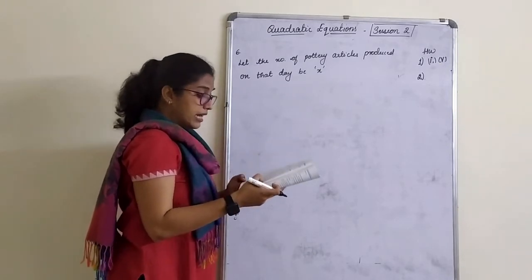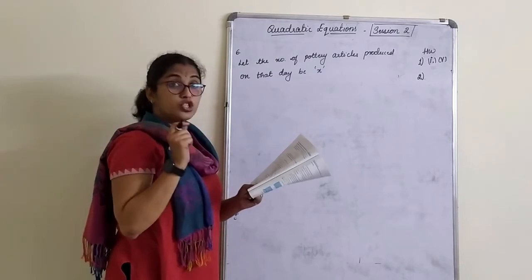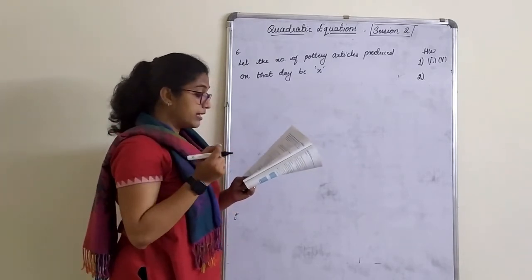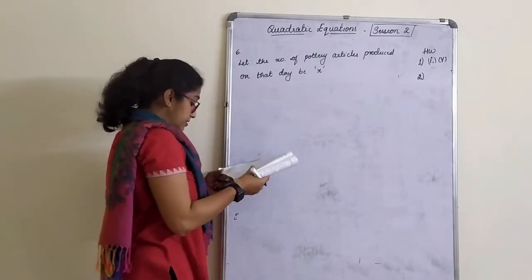It was observed that on a particular day, on that particular day, the cost of production of each article was rupees 3 more than twice the number of articles produced. So let us again write that statement.